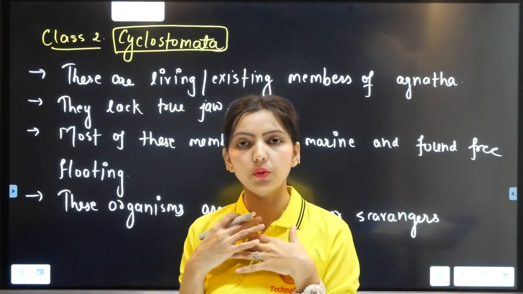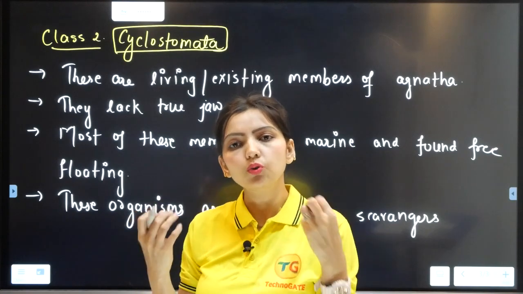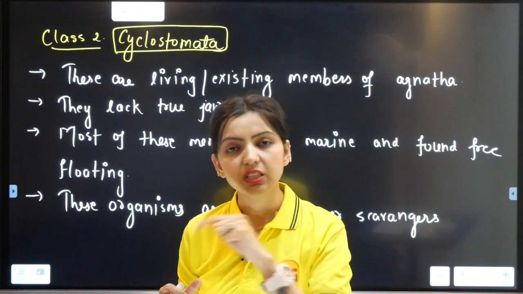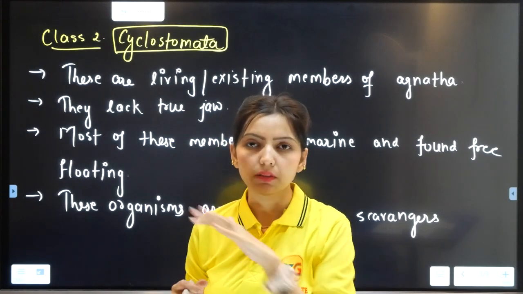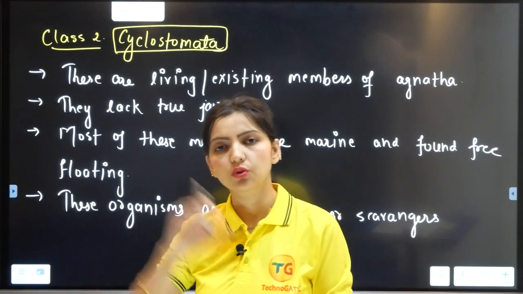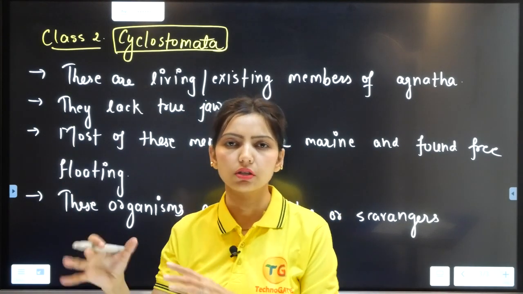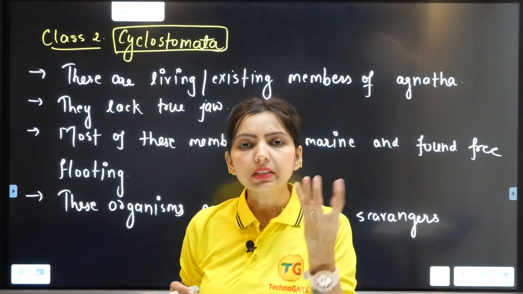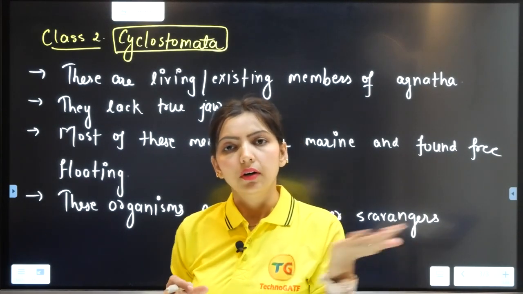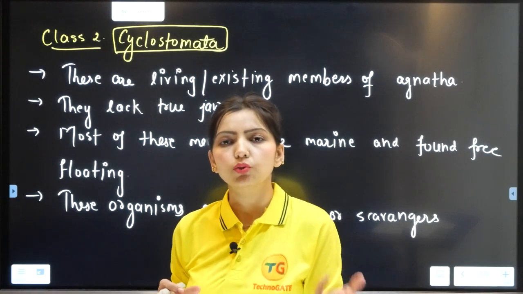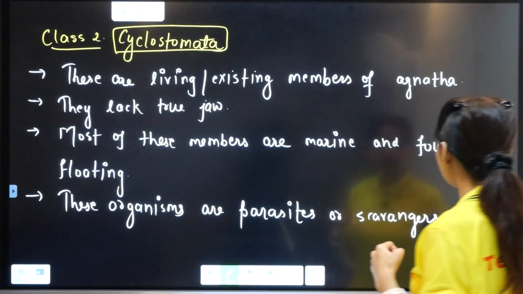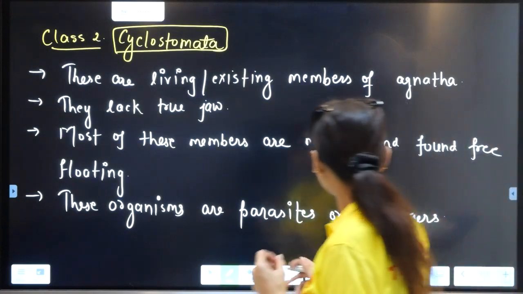It will enter inside our body and keep on absorbing or utilizing our nutrients for its own growth. So it is a parasite. If some organism is dead, like if any animal is dead and buried in the forest or somewhere, there will be some bacteria and fungus developing over it, absorbing the nutrients from the dead organism. That is a scavenger. Now these organisms are parasites or scavengers.